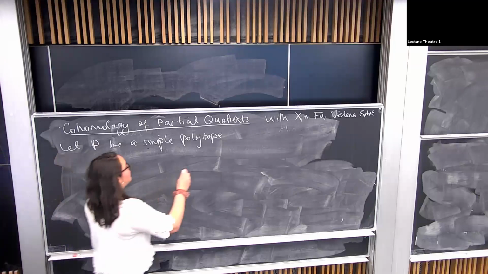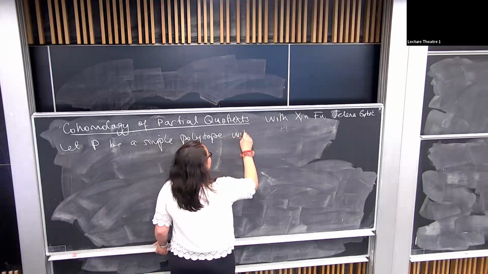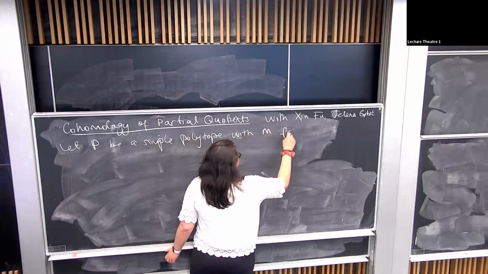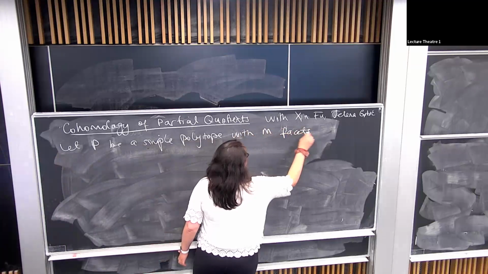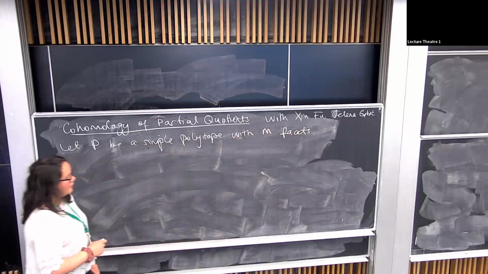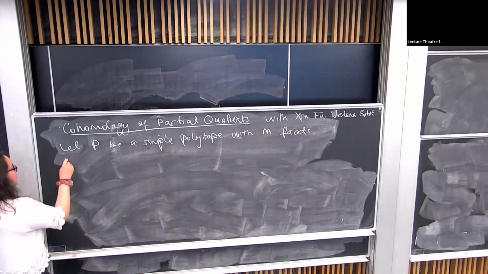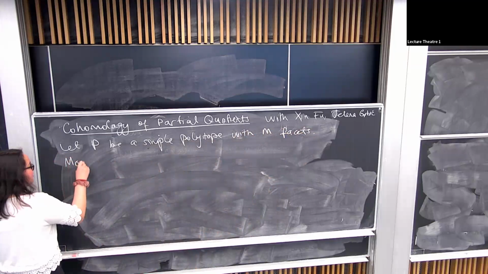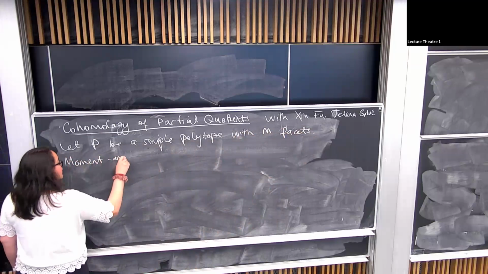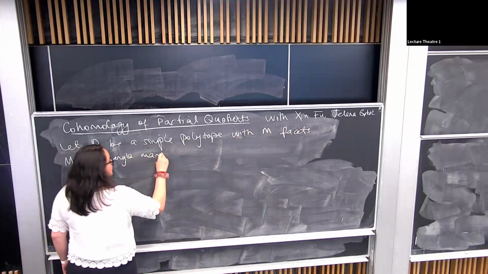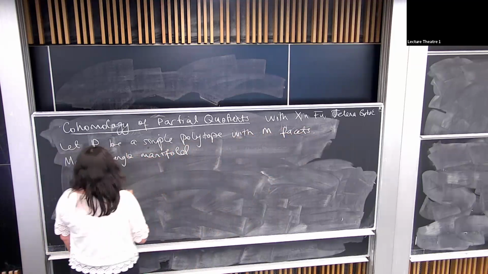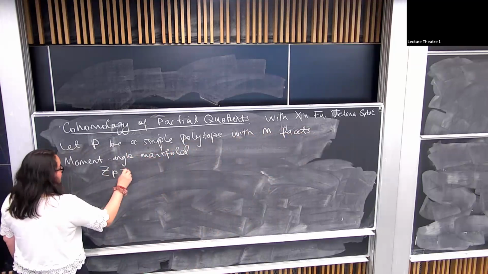So I have a simple polytope with m facets. These are the codimension 1 faces. Then we can find a moment angle manifold for this, which I will write as Z_P.